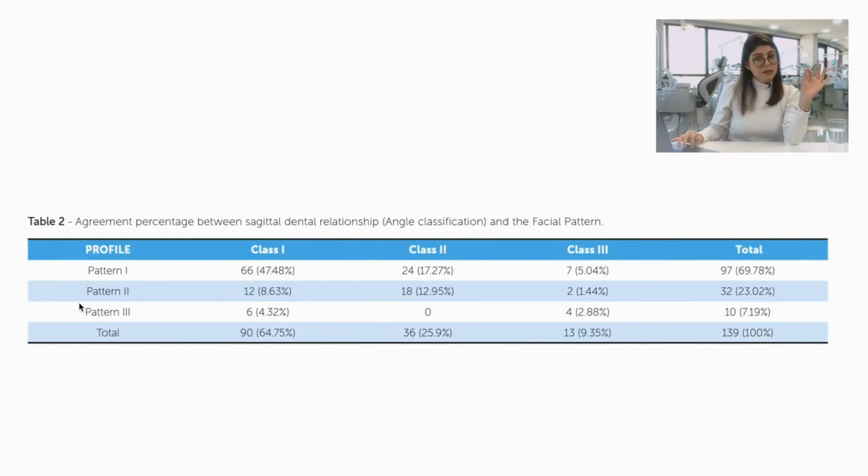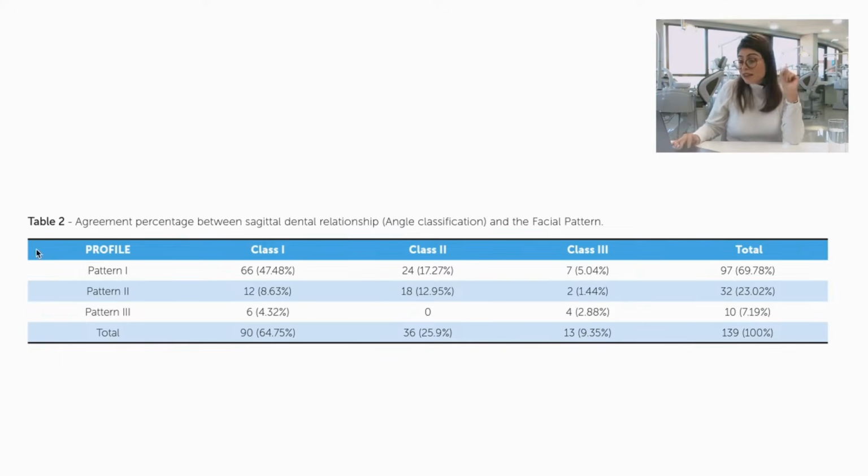Patients from the sample of this article, pattern 1, 66 patients, that is 47-48, almost 50% of the patients had class 1, but only 50% of the patients who were pattern 1 had dental class 1. The remaining 20% had class 2. 5% had class 3, and there is a total of 97 patients.